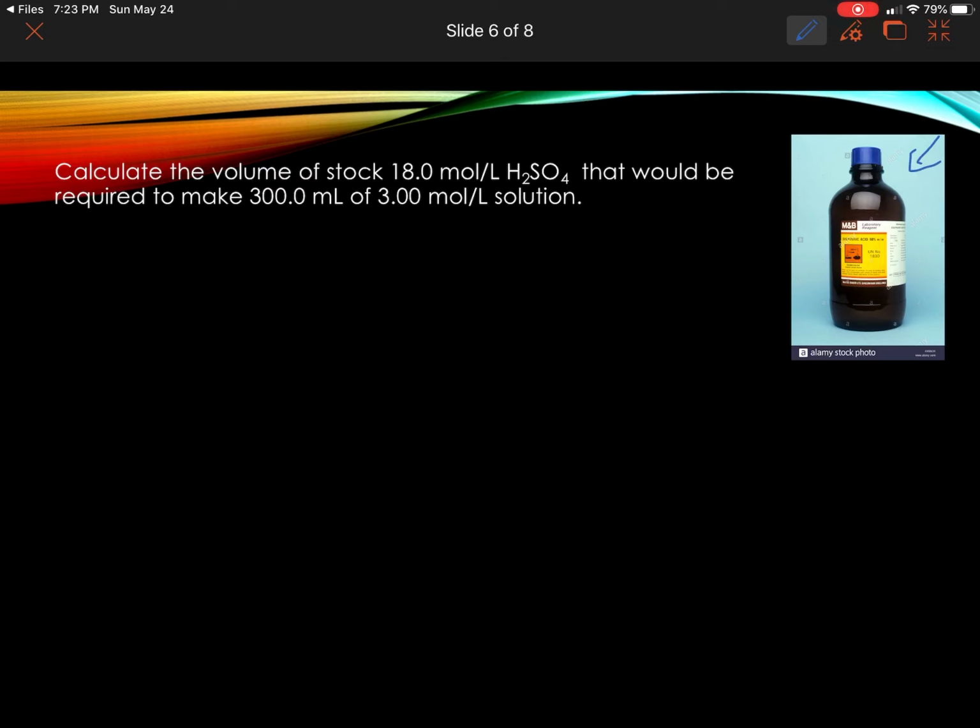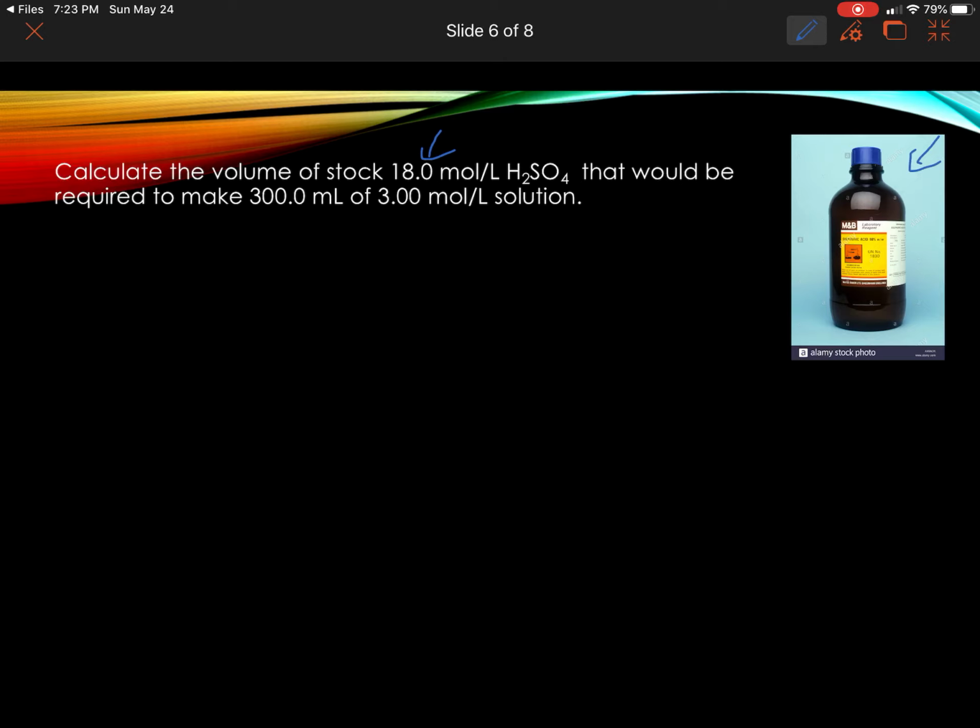Here is what a stock bottle looks like, and if we were in class, I'd pull one out for you. They're large, 4-liter jugs, glass jars usually. And they're very concentrated, and that's how you buy it from the supplier. You buy it like that just for practicality. And then you use this stock, which is fairly concentrated, and then you dilute it down for your purposes.